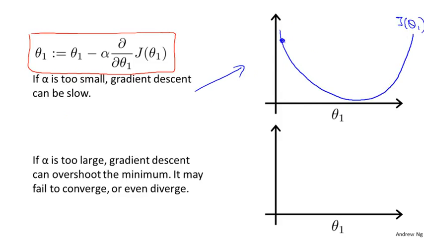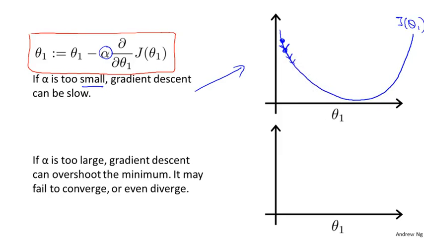If alpha is too small, then I'm going to multiply my update by some small number. So I end up taking a baby step like that. That's one step. Then from this new point, I take another step, but if alpha is too small, I take another little baby step.